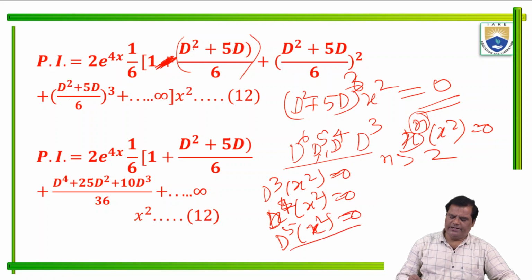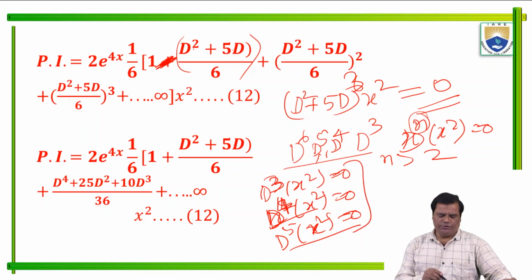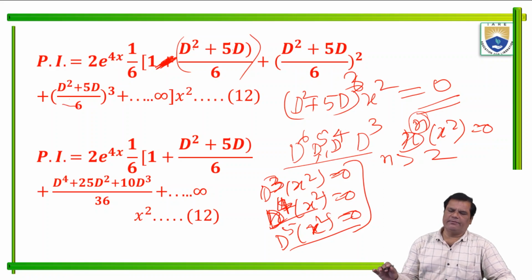So these derivatives are 0. This term and the higher terms are neglected. All other terms up to infinity are 0 here. Only these two terms we analyze.